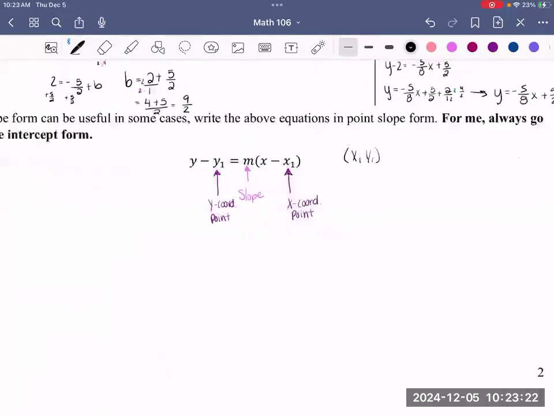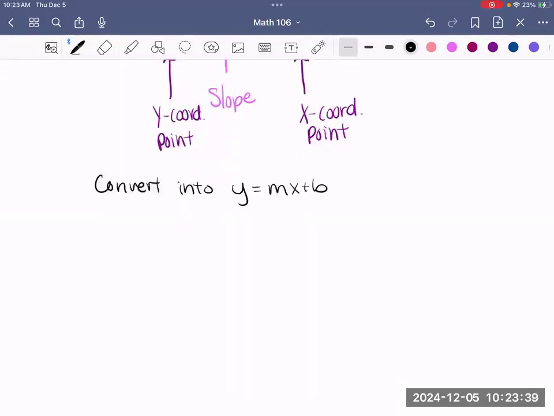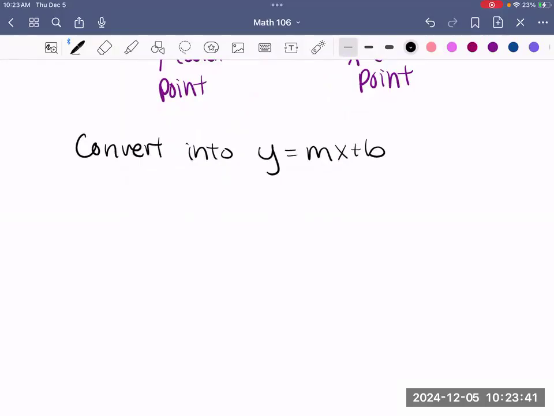Now to break it down, if I were to make a step-by-step process, we want to convert into y equals mx plus b formula. So the first thing you do once you put everything in is to distribute.